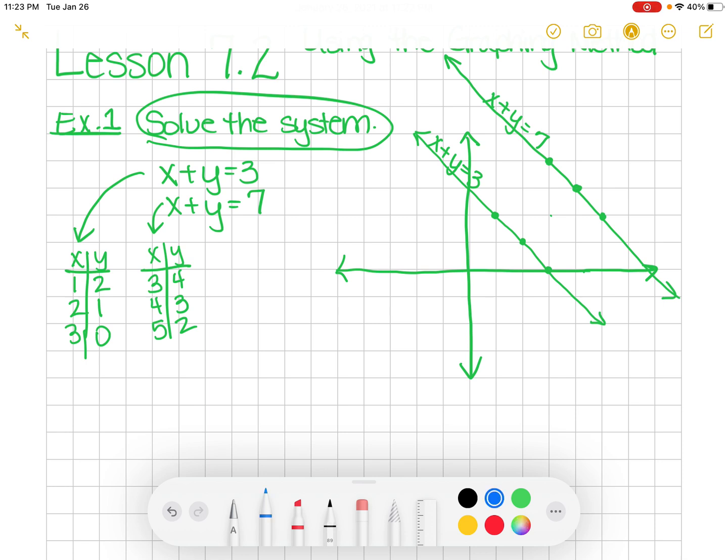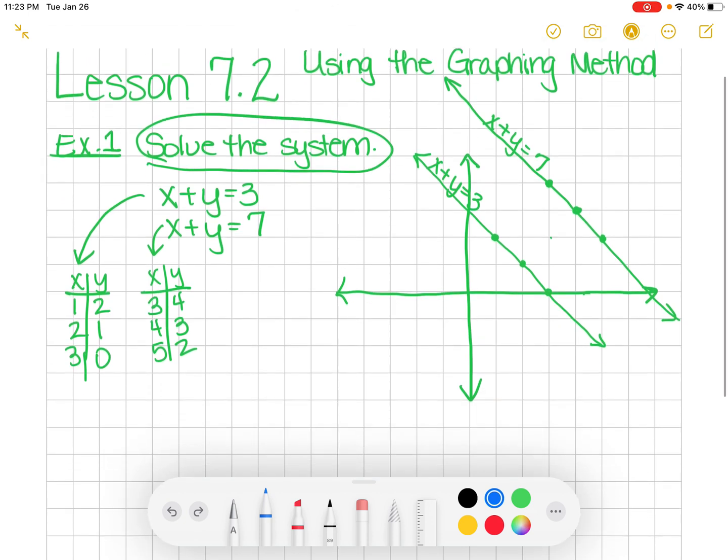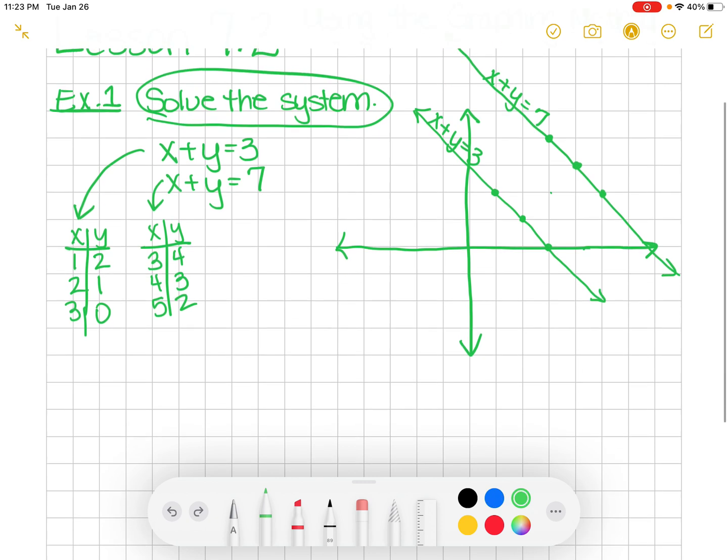If my lines had looked like this, okay, then I could say, hey, these are going to cross eventually. I need to just keep drawing them with my ruler until they cross, right? But that's not what these green ones are. They're not ever going to cross because they are parallel lines. So my answer for this system is these are parallel lines, right? Parallel lines do not have an answer.